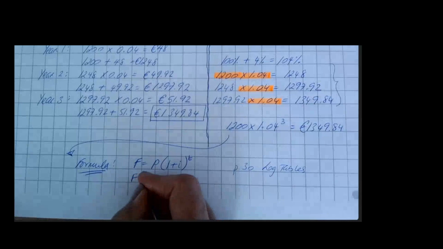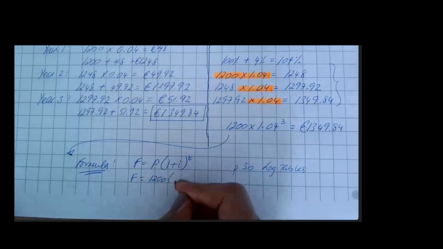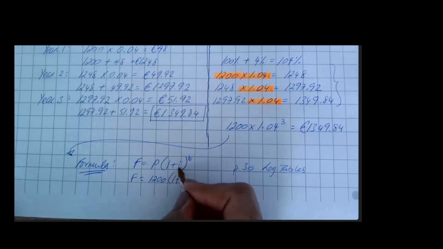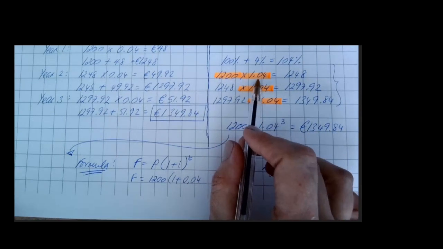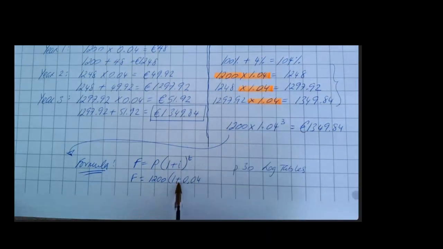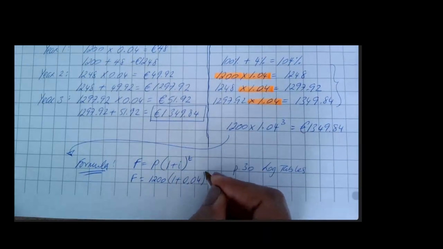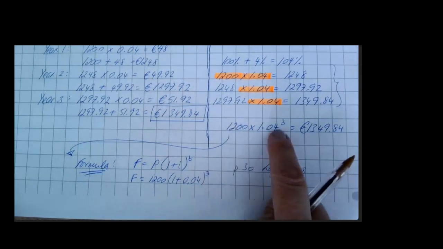We have our principal value, the starting amount of money, 1,200, and then 1 plus the I is, of course, the 4% in decimal form, which is 0.04. And this is where we're getting the 1.04 from, because we want an increase, which is why we end up with 104% is what we're technically looking for, which is a decimal of 1.04. To the power of, and it is, of course, 3 years in the account, so 3 goes there. And that is, of course, what we did there.